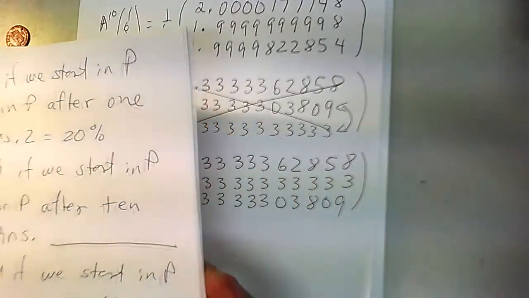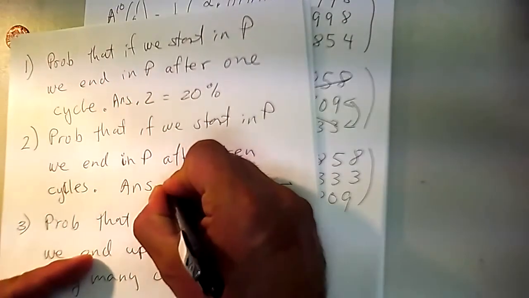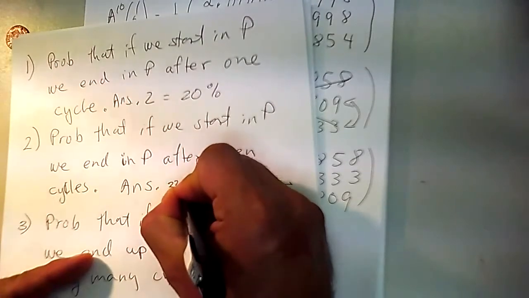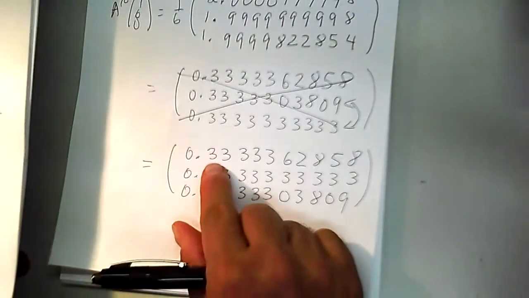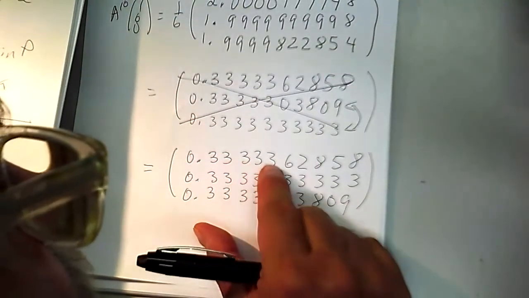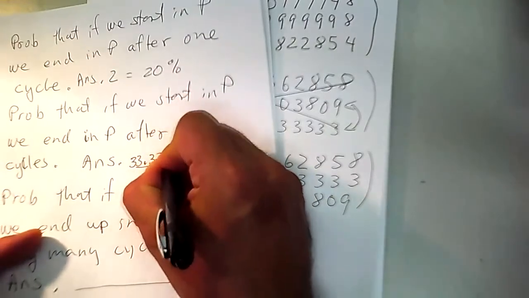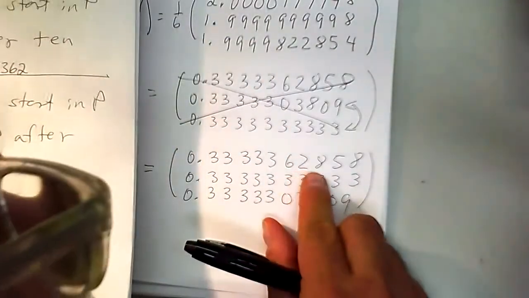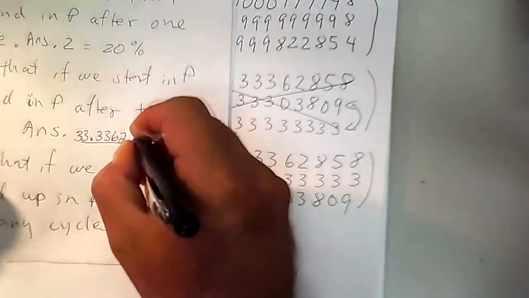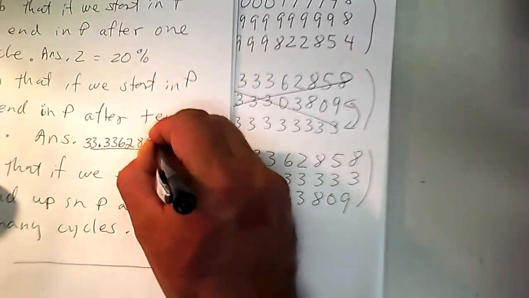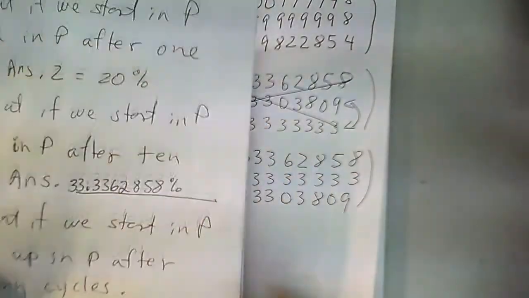So let's write it down. Since we have all those numbers, might just as well put them. So 33.3333, then 62, and then 858%, which is virtually 33%.